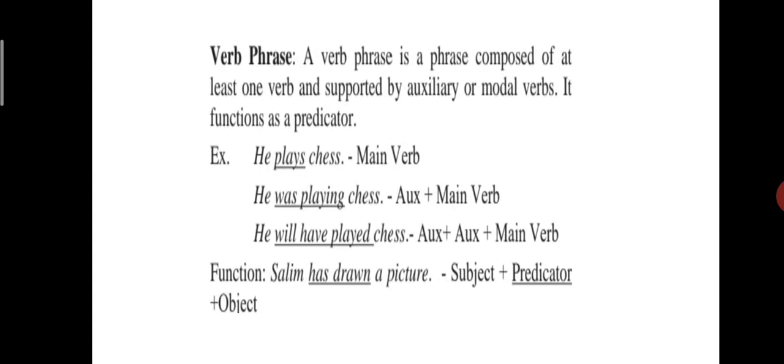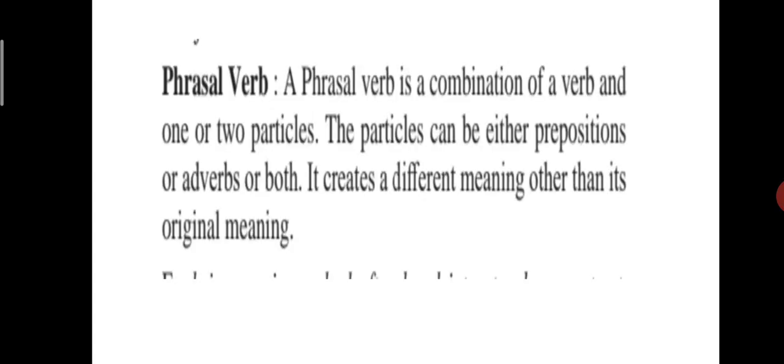Next part, the phrasal verb. A phrasal verb is a combination of a verb and one or two particles. The particles can be either prepositions or adverbs or both. It creates a different meaning other than its original meaning. For example, bring up: bring is a verb, up is a preposition.